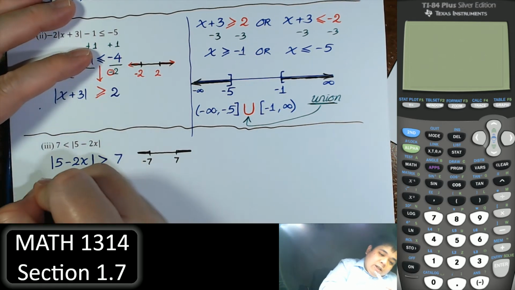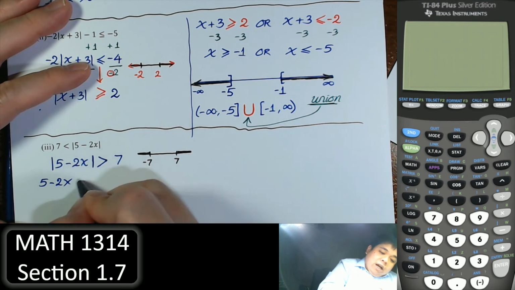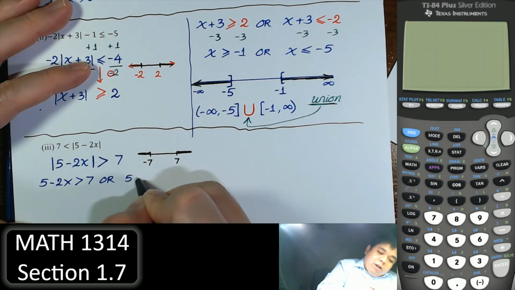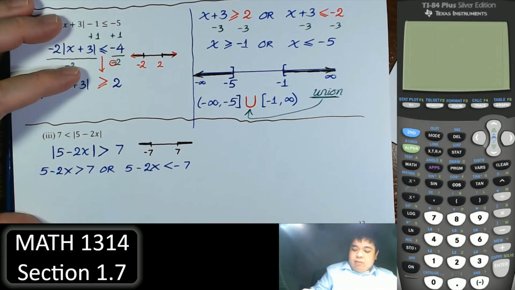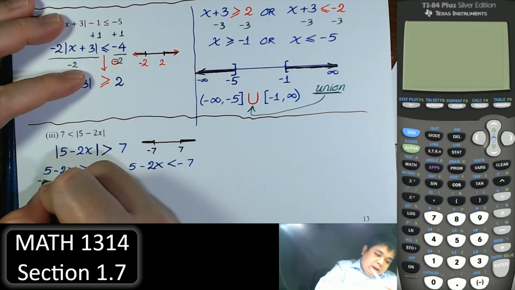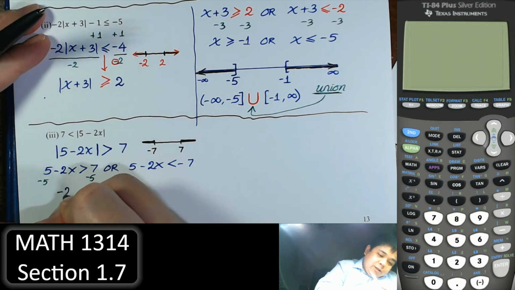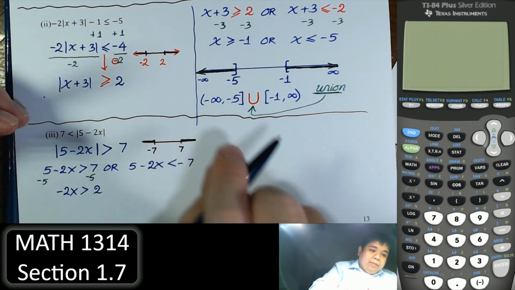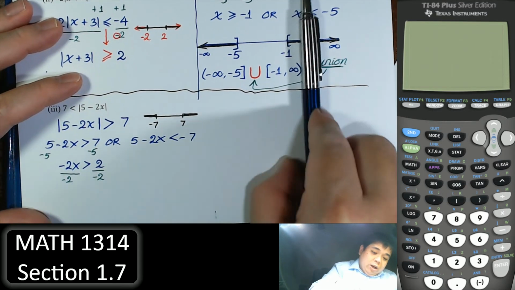So we will write 5 minus 2x greater than 7 on this side, or 5 minus 2x less than negative 7 on that side. And then minus 5 on both sides. And then divide by negative 2. And once again, reverse the inequality.